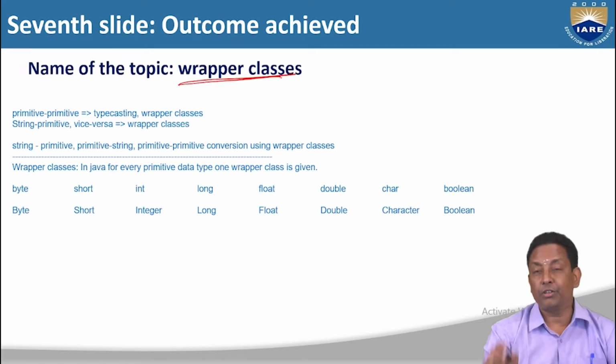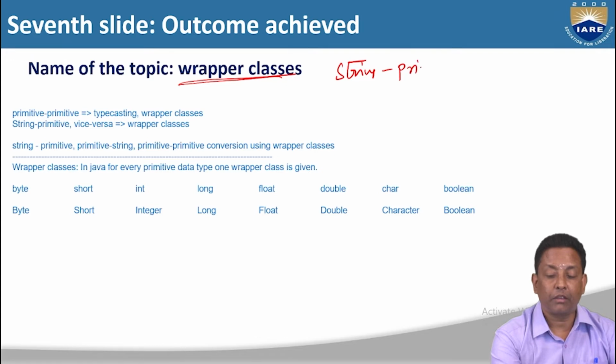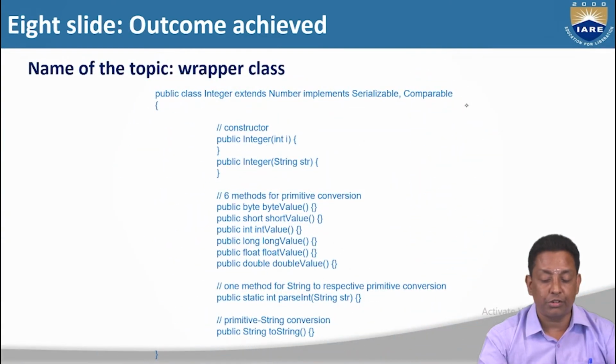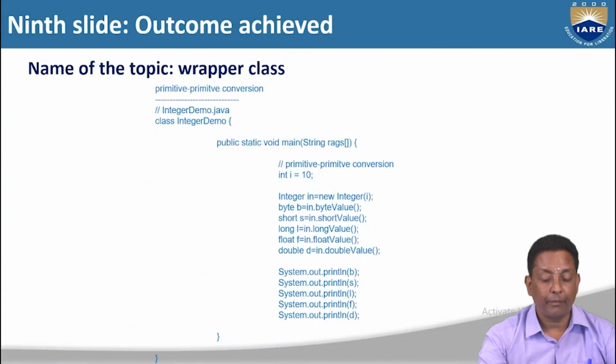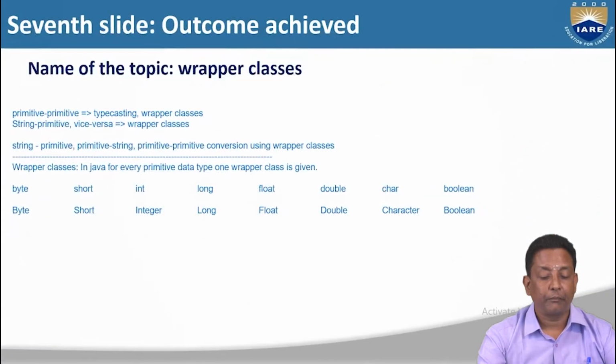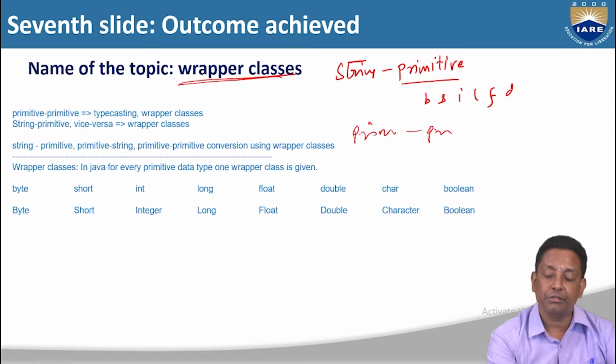So wrapper classes are used for two things: string to primitive type conversion. String to any primitive type we can convert, like byte, short, int, long, float, double. To convert string to any of these primitive types, we can use wrapper classes, and similarly from primitive to primitive also we can convert using wrapper classes.